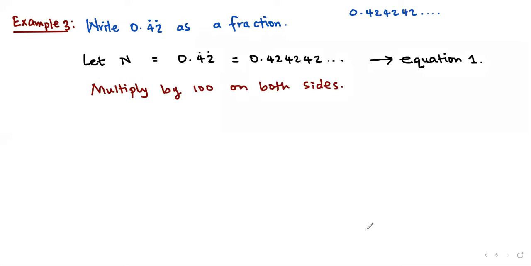So if we multiply by 100, we get n times 100, which is 100n. It is equal to, when we get 100 times 0.4242 repeating, the decimal point will skip 2 digits. So it means that we will have 42.424242 repeating.